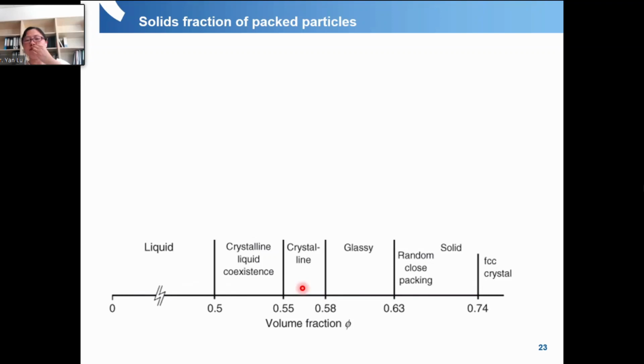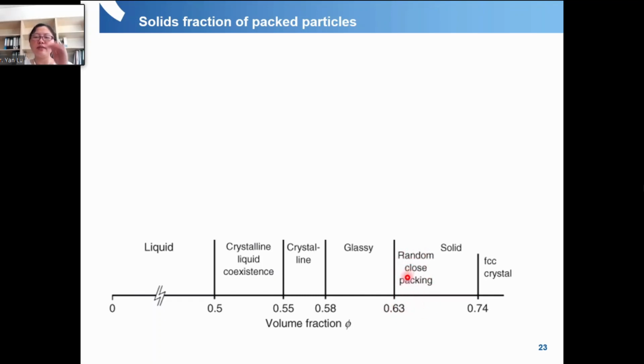When the volume fraction is larger than 0.58, you will form glassy phases, a glassy phase of the particles. And at the boundary, around 0.6, you will have a random close packing. So remember this number here.